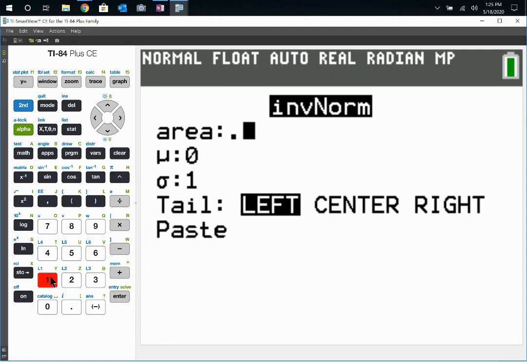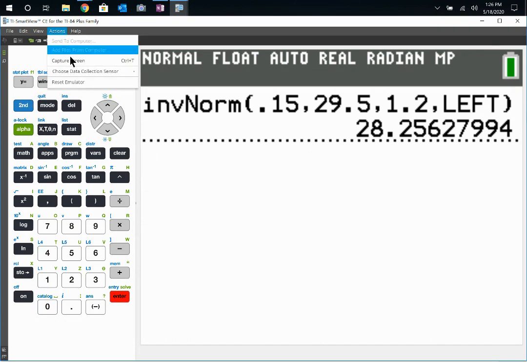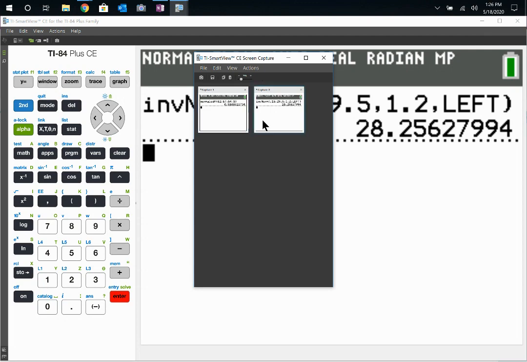The area is 0.15, mean is 29.5, standard deviation is 1.2, and it's less than, so it's to the left, and you'd get about the same answer that you got with the StatCrunch program. Yeah.